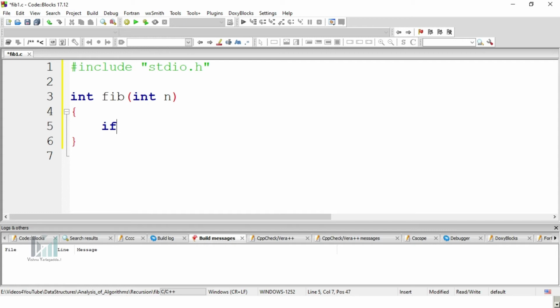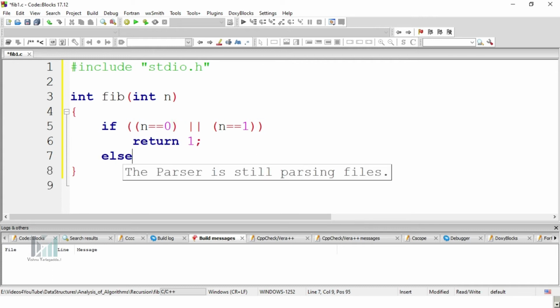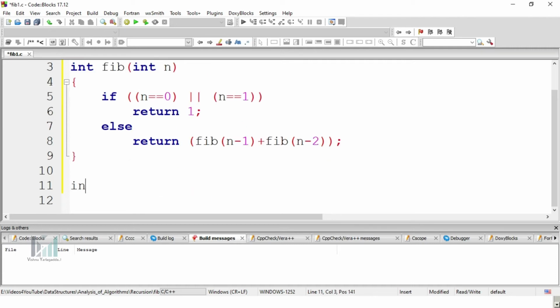So if n equal to 0 or n equal to 1, return 1, else return fib of n minus 1 plus fib of n minus 2. So it is a simple program.